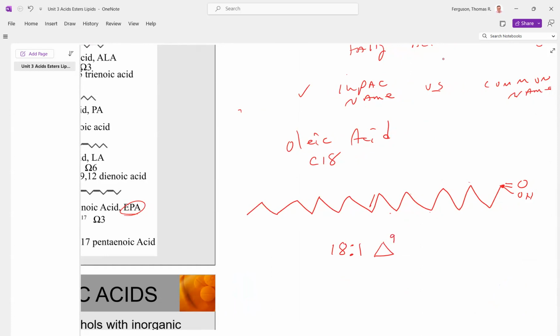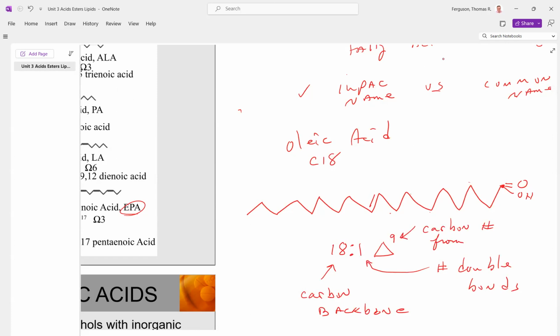Carbon 9. That's the carbon backbone. Number of double bonds. That's the carbon number from the acid end.